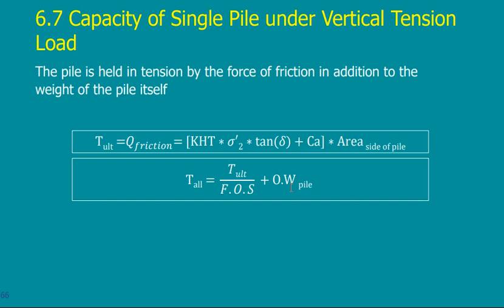Maybe it's 4 ton out of 200 ton. It's not a big deal. But why not consider it and add it to my calculations? So the T allowable will be T ultimate divided by factor of safety, or T allowable if you are using the dynamic formula directly, plus the effect of the own weight because it is there all the time.